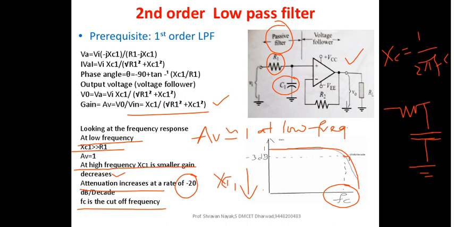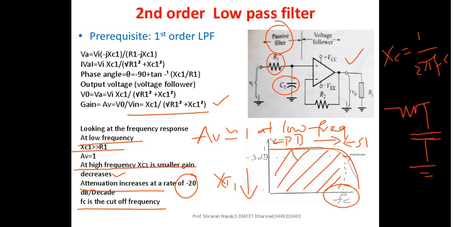Once the signals cross a certain frequency, these input signals are going to be blocked because of the attenuation offered by the filter circuit. Now, this is the basic prerequisite for you to understand the second order low pass filter, right?